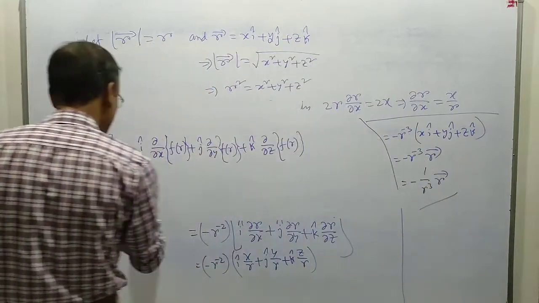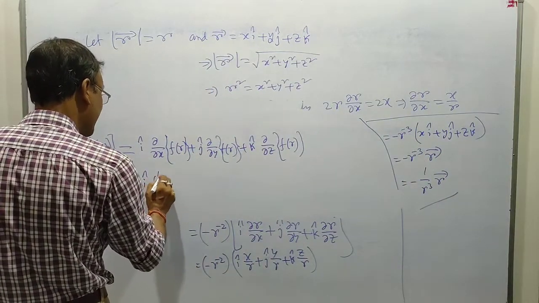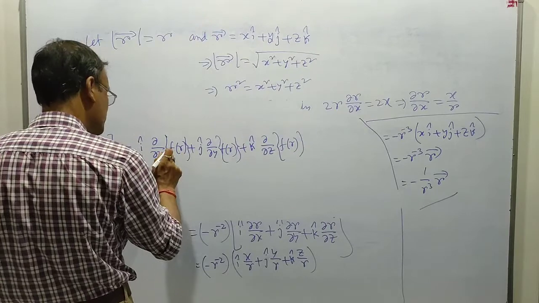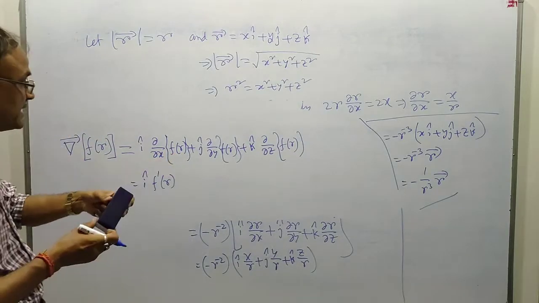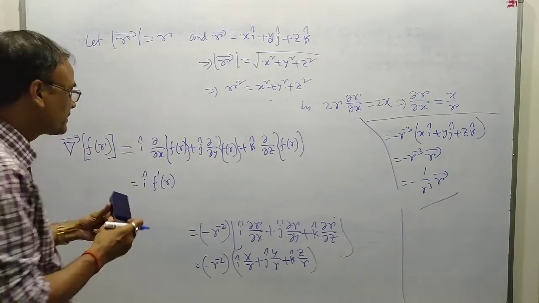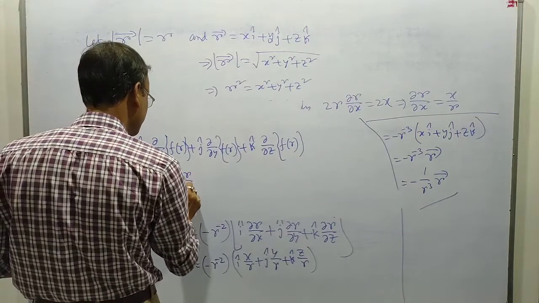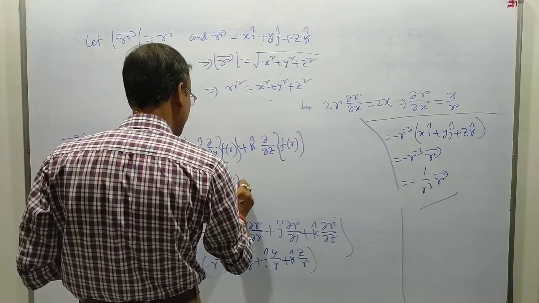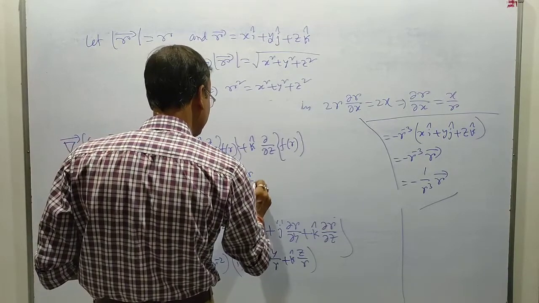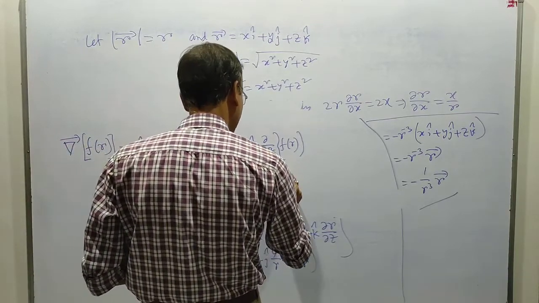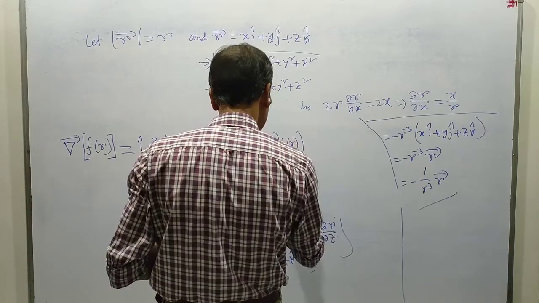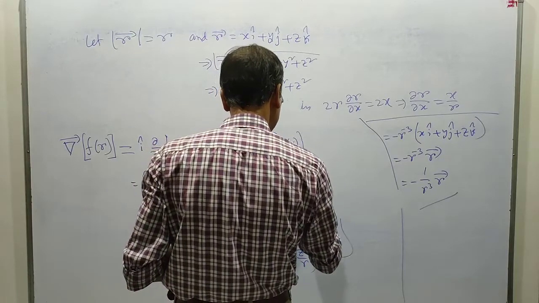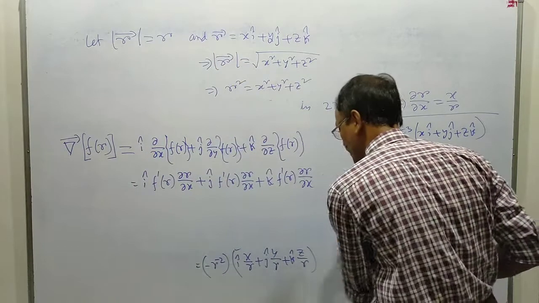This is equal to i cap f dash r, with respect to r differentiation, f dash r delta r by delta x, plus j cap f dash r delta r by delta y, plus k cap f dash r delta r by delta z. You may write in this way also.